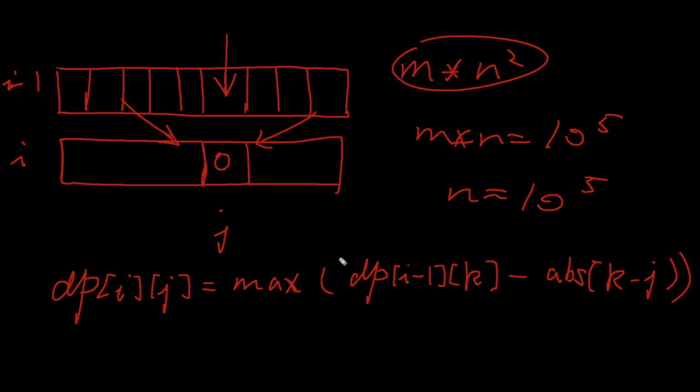Instead of looping through the previous row again for each of the cells. So how can we do it? Let me draw another. Let's say we have a DP. This is DP, i minus one, right? So let's say we have it like this.